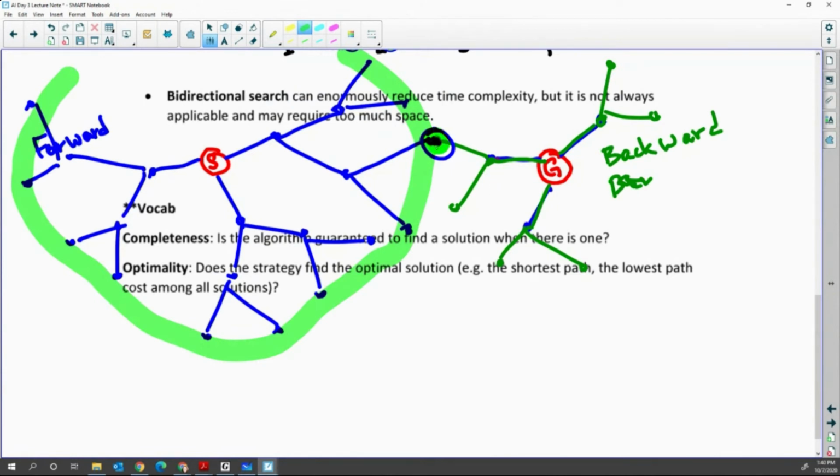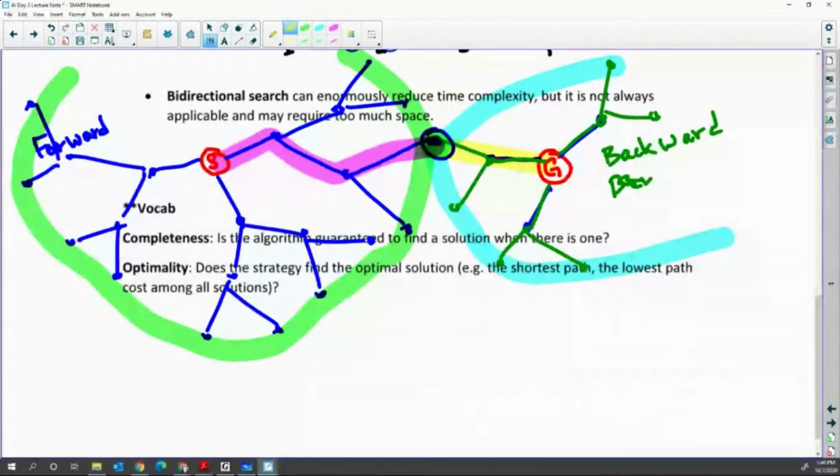If we meet the goal, the forward frontier and the backward frontier, if there's any intersection between those two frontiers, that means we found the solution. So you're going to stop searching, expanding. Then I can say now the path starts from the start to the intersection point, then goes to the goal. If I combine those two paths, that becomes the real shortest path.